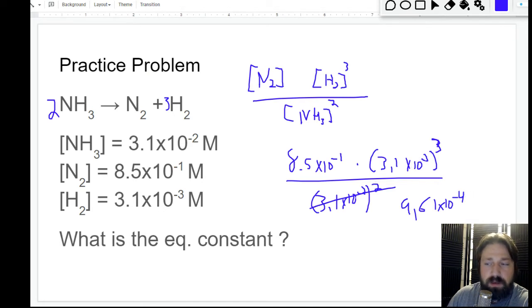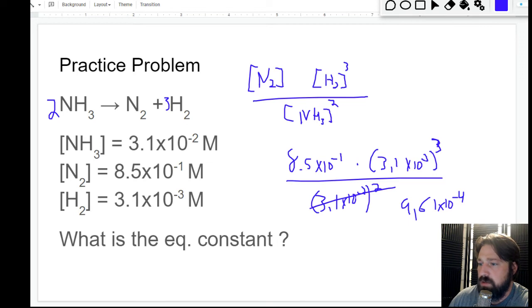All right, and the other thing is 3.1 e to the negative third, and I am going to multiply this by exponent of 3.